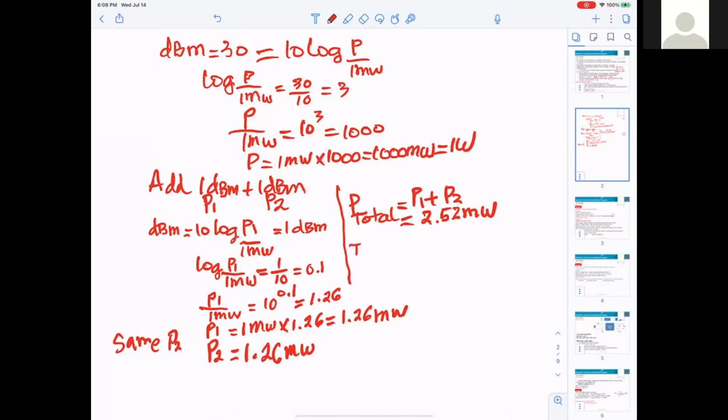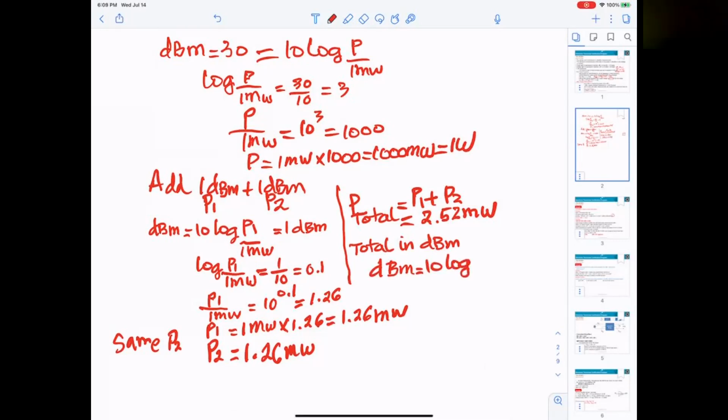The total in dBm equals 10 times log of P1 plus P2, 2.52 milliwatt, over 1 milliwatt.